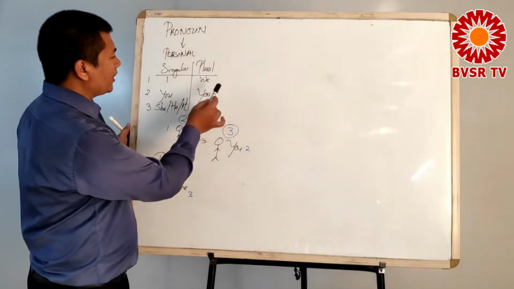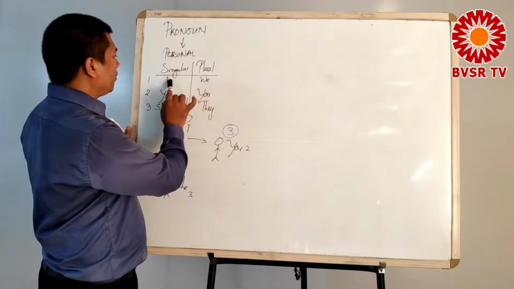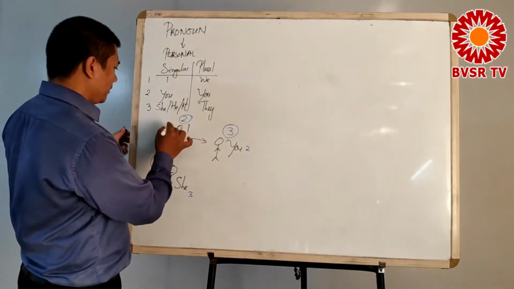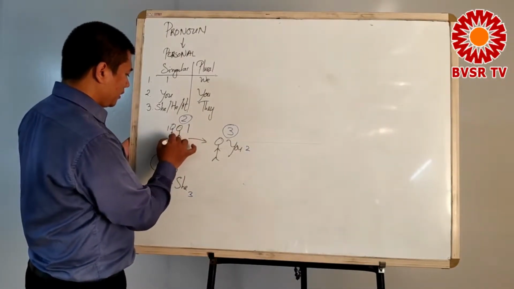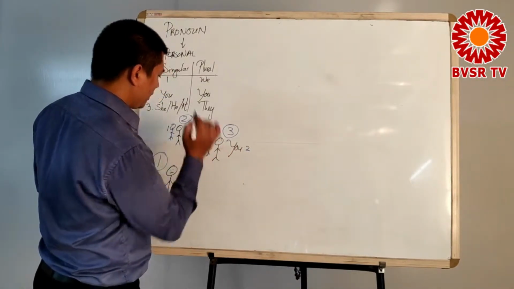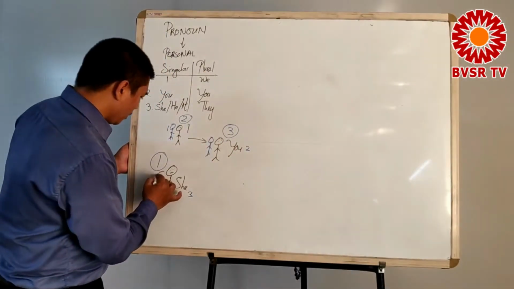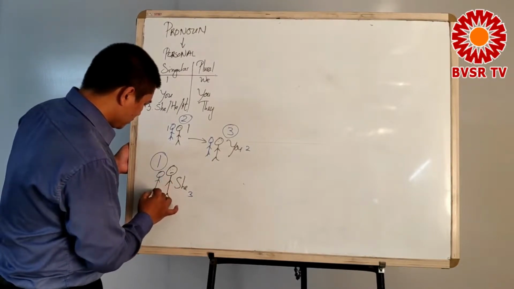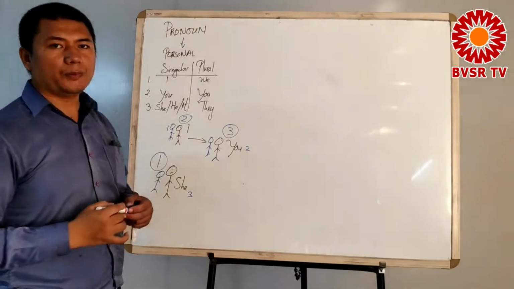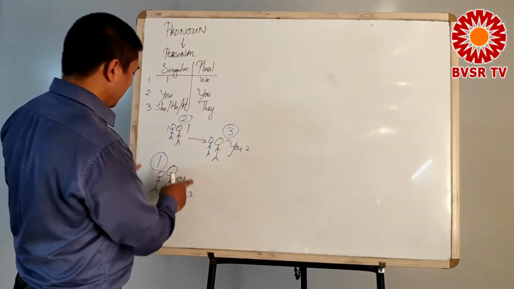Likewise, in the plural we call it we. If there are two people talking, then it becomes we, and if there are two people listening, we still say you. And if they are talking about two or more than two people, then we still call it they.